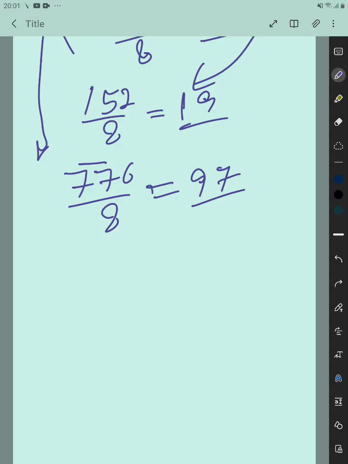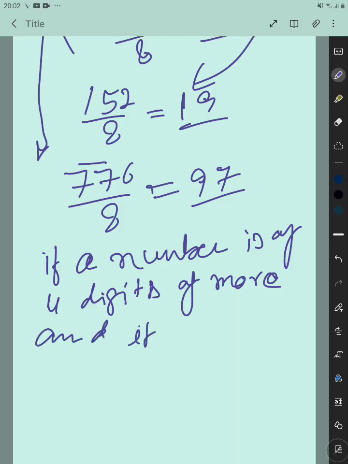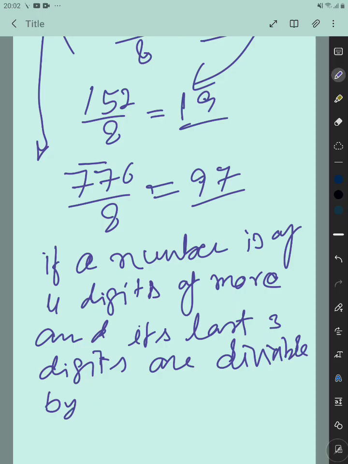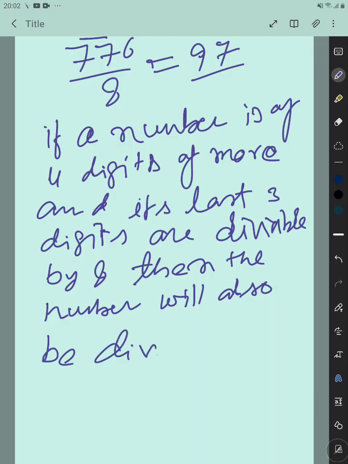If a number is of 4 digits or more, and its last three digits are divisible by 8, then the number will also be divisible by 8.